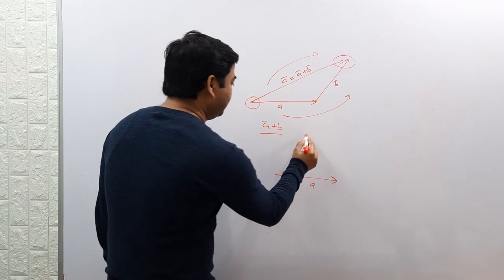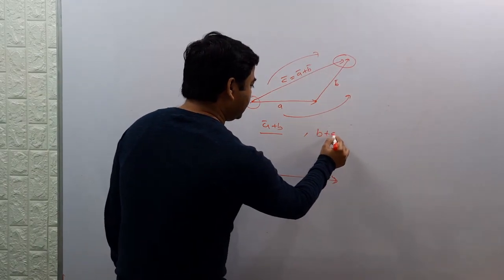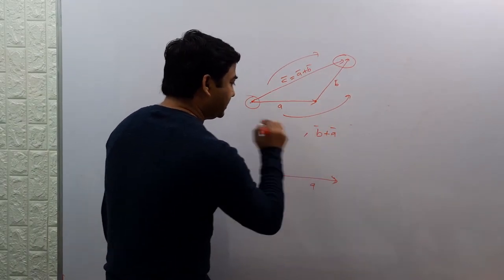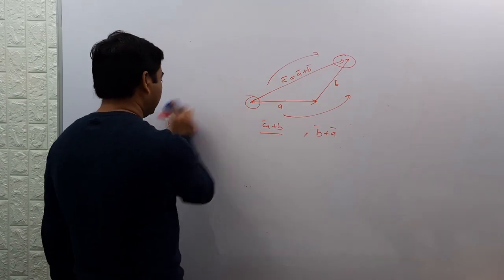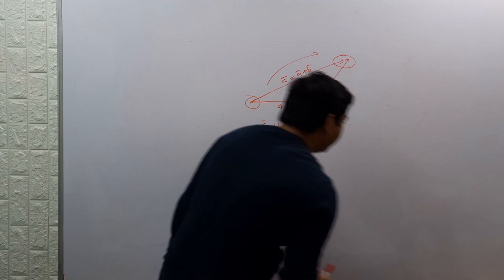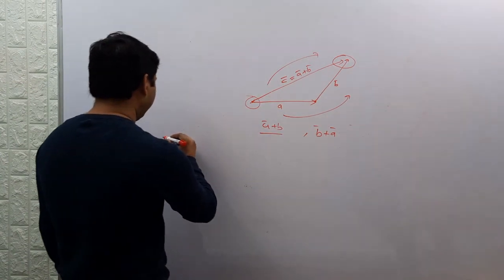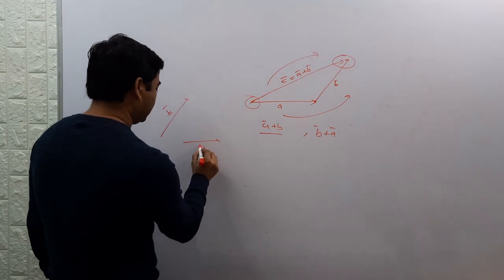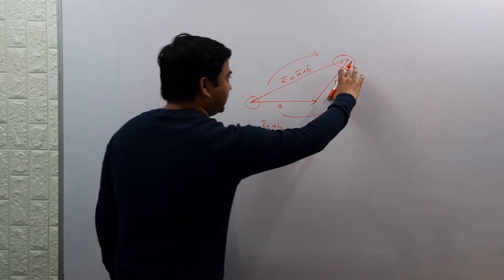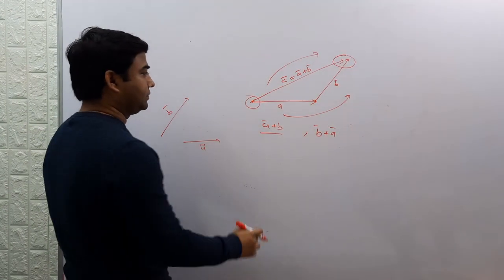Let us find B plus A. To find B plus A, you have to draw vector B first. B was this and A was this. Draw this vector first.